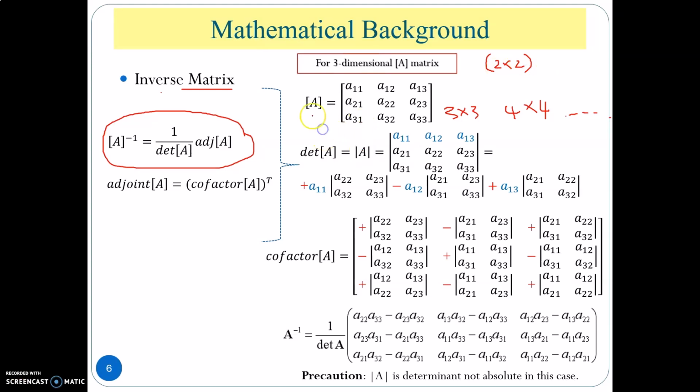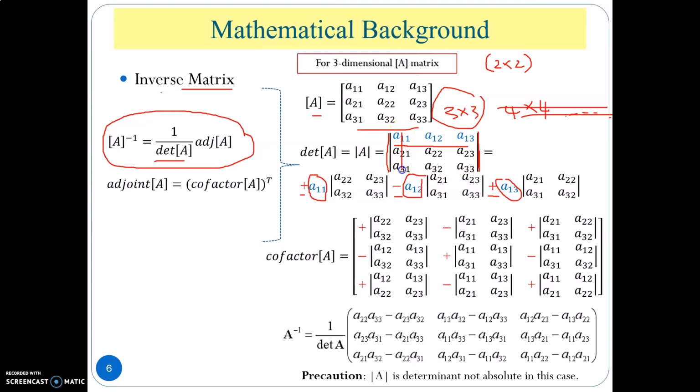For example, let's say we have a 3 times 3 matrix in this case. First of all, we determine the determinant of the matrix to be this. Referring to the first row here, the conventional sign is positive, negative, positive. Then put the elements A11, A12, and A13 inside.